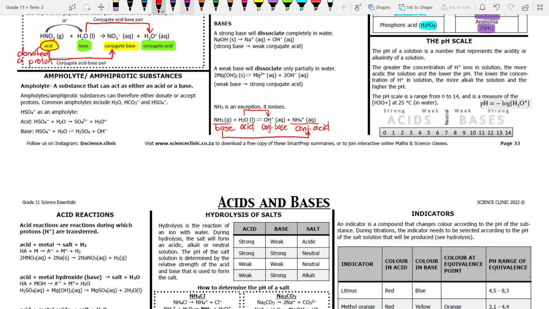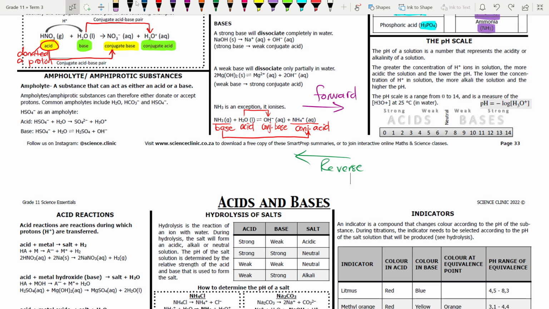So what the conjugates mean is this. Remember, the forward reaction is like this, from our study of energy and change. This is the forward, the reverse is going in this direction. And because our reaction is reversible, you can see with the double arrow there, it means we can go from products to the reactants. And if you go in that direction, you can see that OH minus is becoming water by accepting a proton.